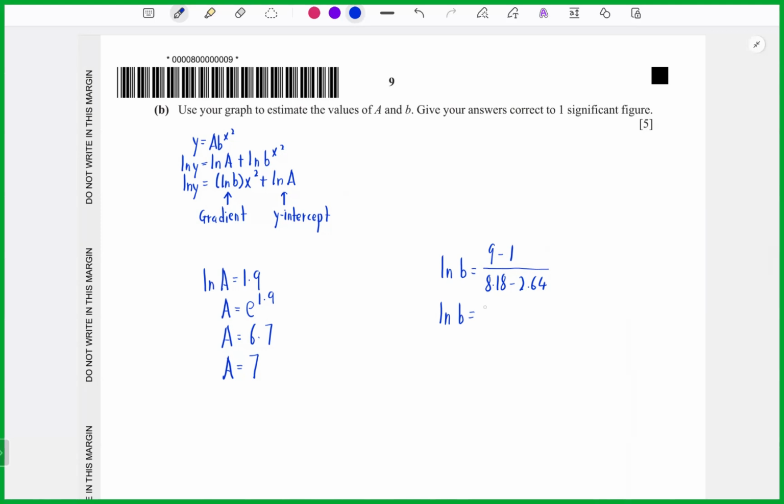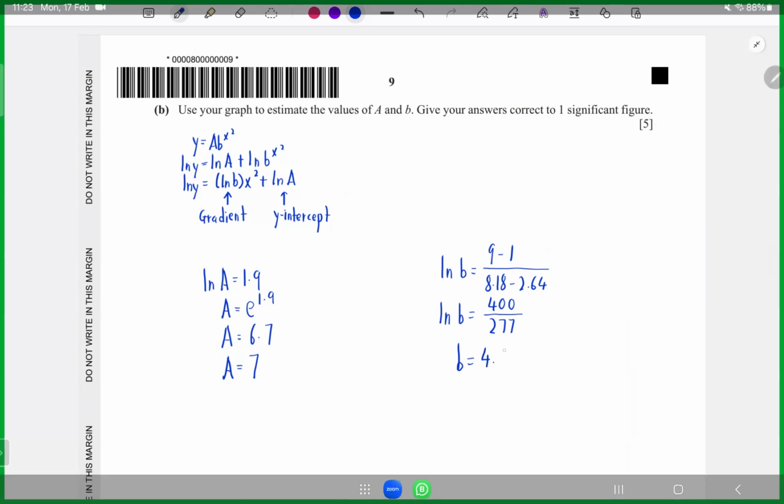Okay, so here I write in fractions 400 over 277. So you can find the value of b. Here is 4.2, right?